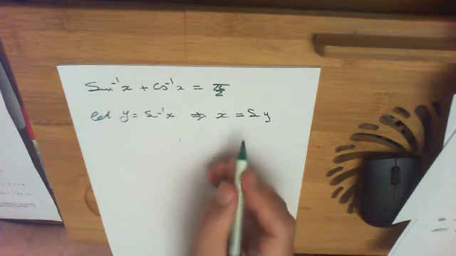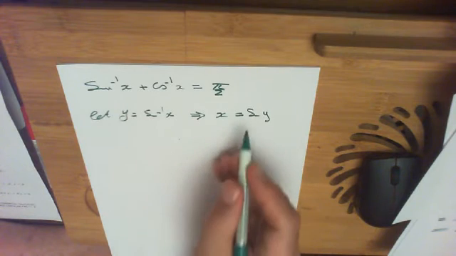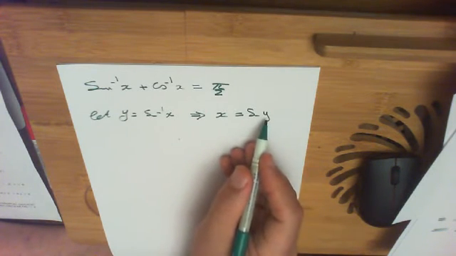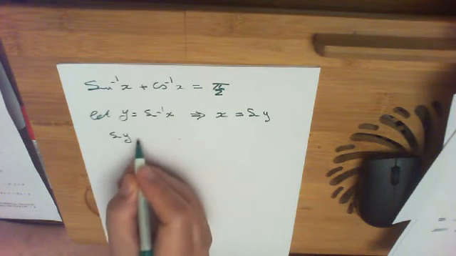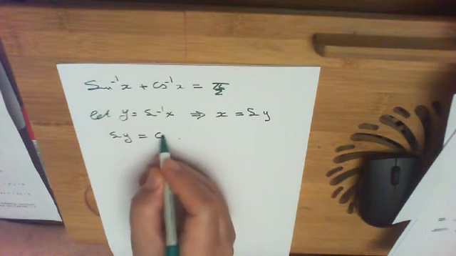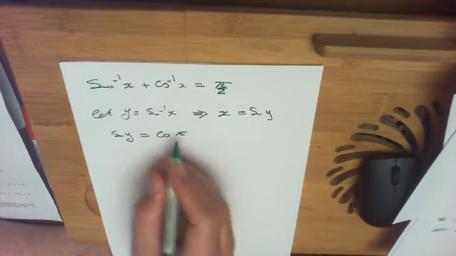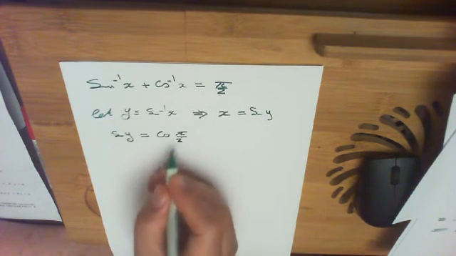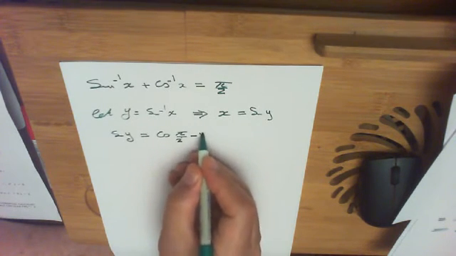Very nice. But as you know, sine y equals cosine of pi by 2 minus y.